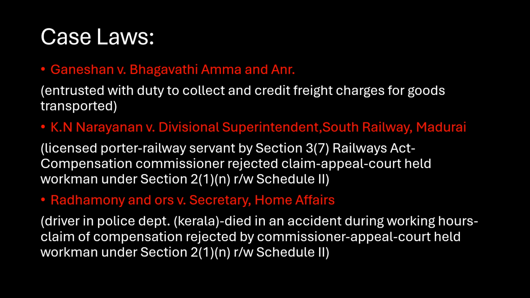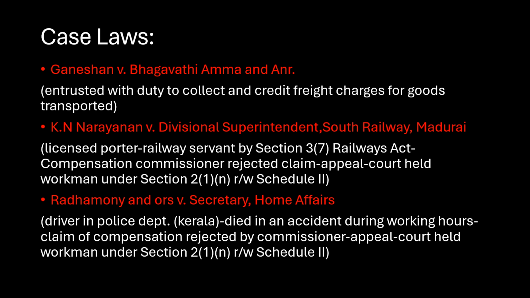Now, K. N. Narayan versus Divisional Superintendent, South Railway. This is a case related to a licensed porter, who is a railway servant by Section 3, Clause 7 of the Railways Act. He met with an accident during the course of his employment. He was loading some goods to the train and a passenger accidentally pushed him down. He fell to the railway track and a train passed over him, causing him to lose one of his legs, and he claimed compensation.